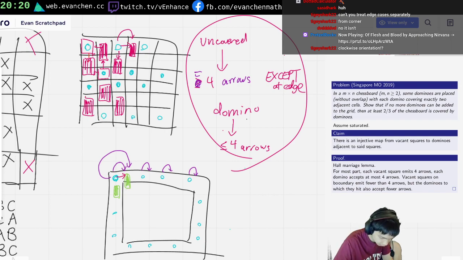So this guy can still accept an arrow this way and an arrow that way. Wait, now I'm very confused. I really messed something up.